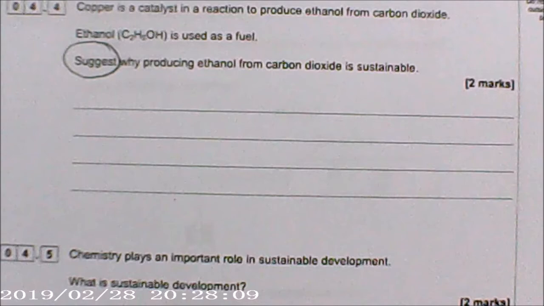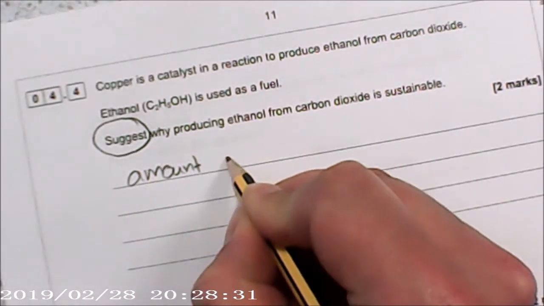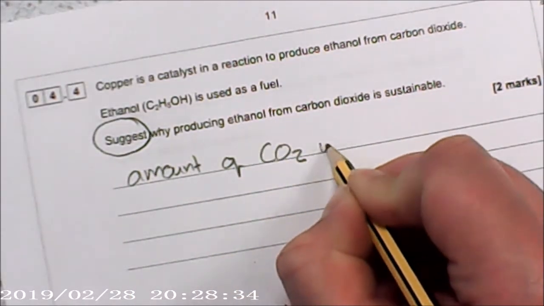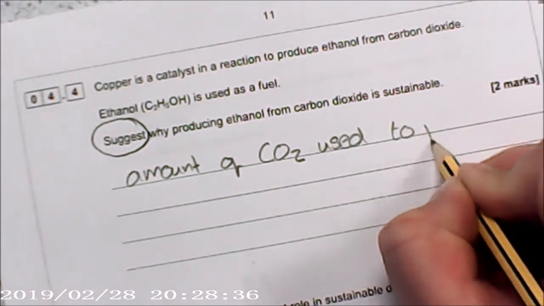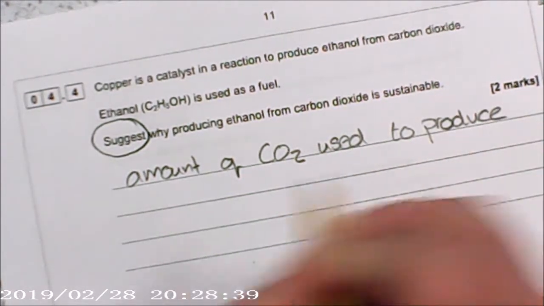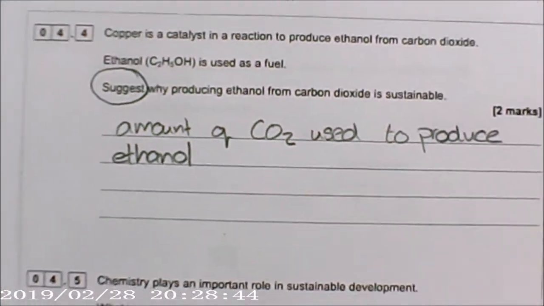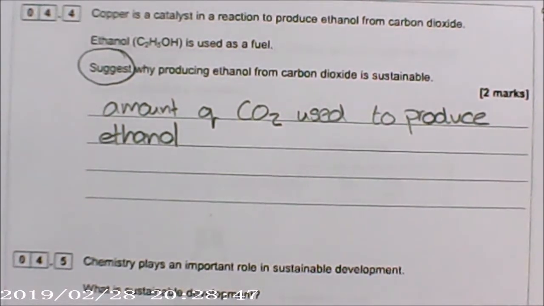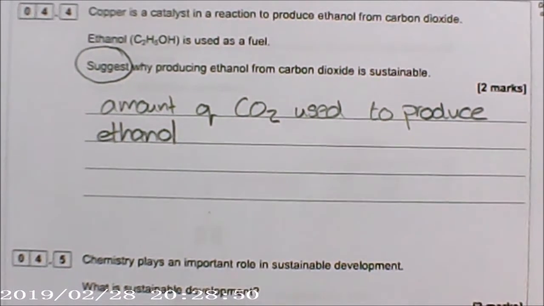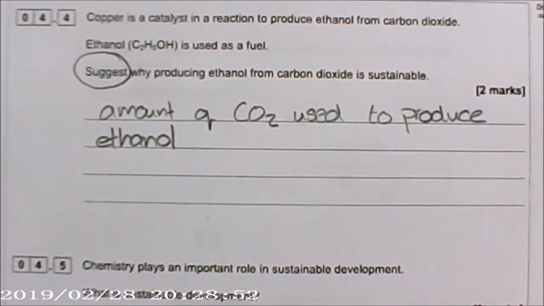So if we're using ethanol as a fuel, then we can say that the amount of carbon dioxide used to produce the ethanol because we can get that from plants. That's important. So if it's coming from plants, obviously it's taking in carbon dioxide as it's growing and then releases carbon dioxide when it's burnt.